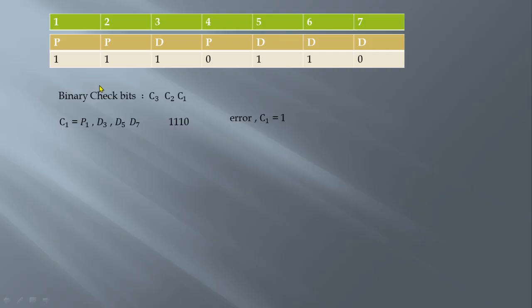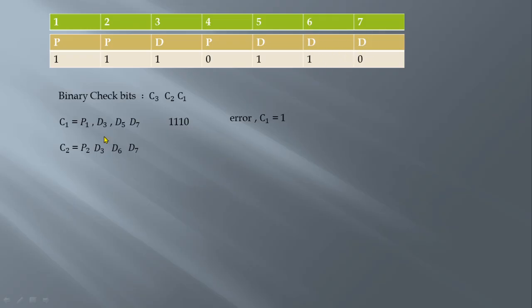Next, you have to find C2. For C2, you take 2 bits starting from the second parity bit and leave the next 2 bits. That is, take P2, D3; leave P4, D5; then consider D6, D7.